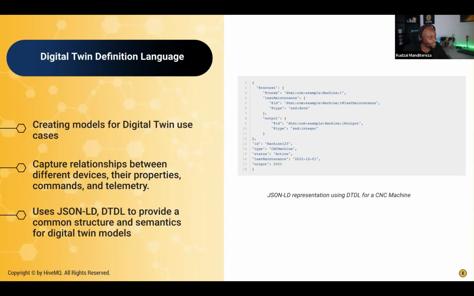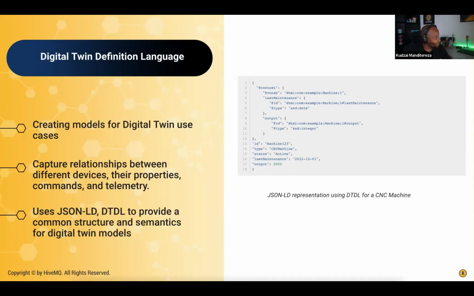The digital twin definition language allows you to capture those relationships between different devices and their properties, commands, and telemetry, right? And it uses JSON linked data. So it's a form of JSON that allows you to create those connections between different data points or between different properties within your structure. So again, digital twin definition language is mostly suited whenever you're taking the approach of digital twin modeling, as it were.